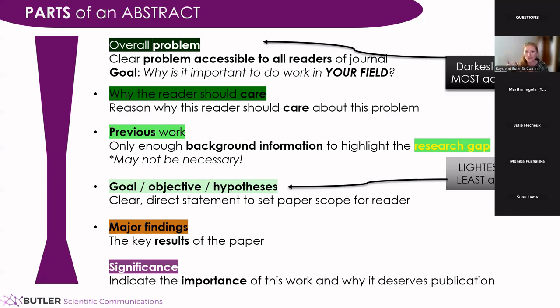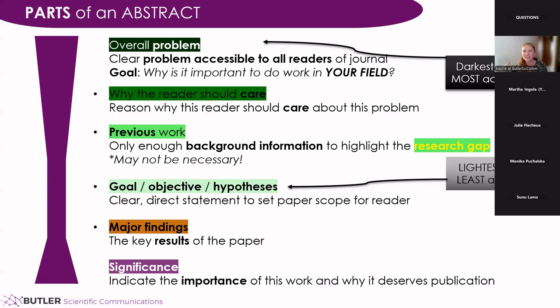This darkest shade of green at the top represents the part that is the most accessible for your reader. So this is the part that has the broadest accessibility and should be the most accessible to all of the different readers of your journal. Contrast that with the bottom green color, the very light, faint green color.